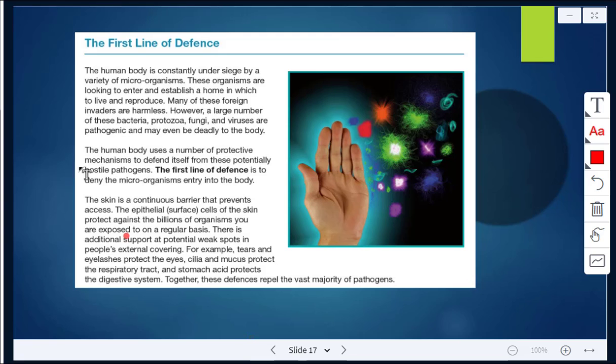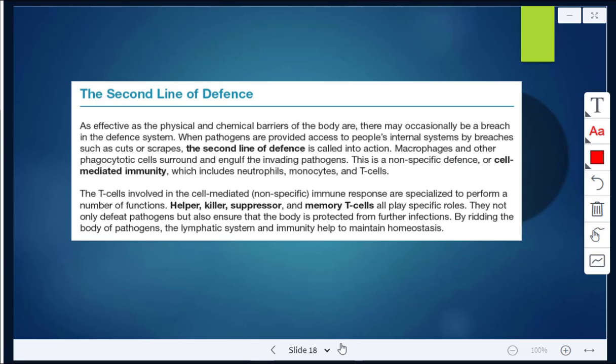All right, so this is again reviewing the first line of defense, like the skin, tears, eyelashes, mucus, the stomach acid, and so on. The second line of defense, like we talked about, is the macrophages and other phagocytic cells, which engulf the invading pathogens. That's a non-specific defense.